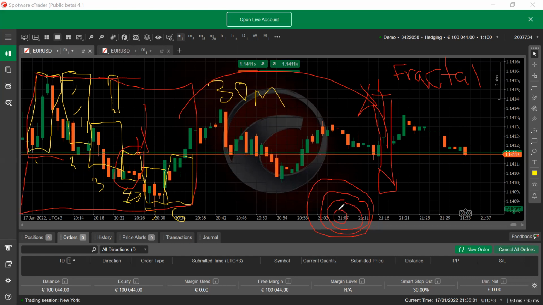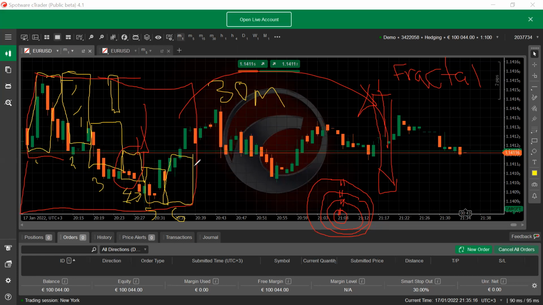Okay? So if there were something there, then this one also would have something there, and that kind of relationship is what we're talking about in the Forex market. Meaning something that's happening in a bigger time frame is also happening in the smaller time frames. All right, that's the fractal nature of the market.